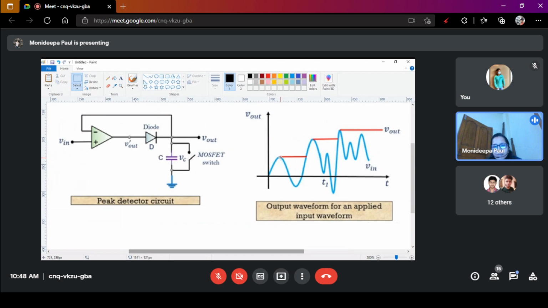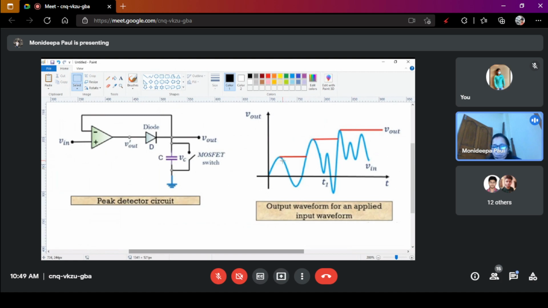At this condition, this voltage is greater than Vc. We consider this the threshold voltage or Vc voltage. At this condition, this voltage is greater than Vin, so we get this voltage here because the diode is forward biased.